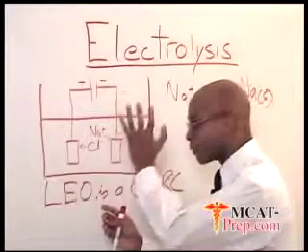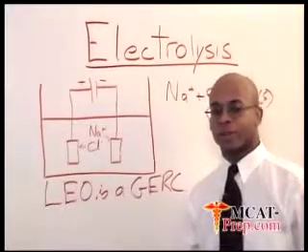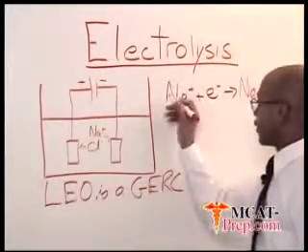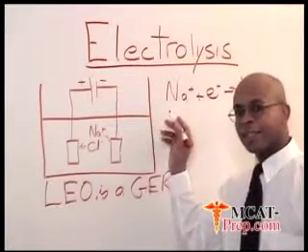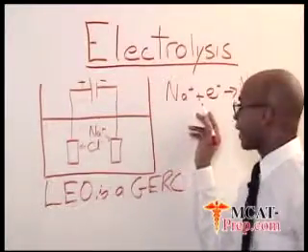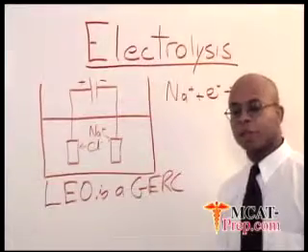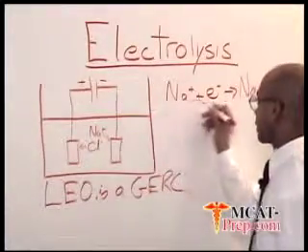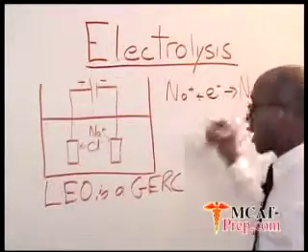It just literally becomes solid right onto the electrode. So this reaction, because it's a gain of electrons, means sodium is being reduced, and that means that this is occurring at the cathode.